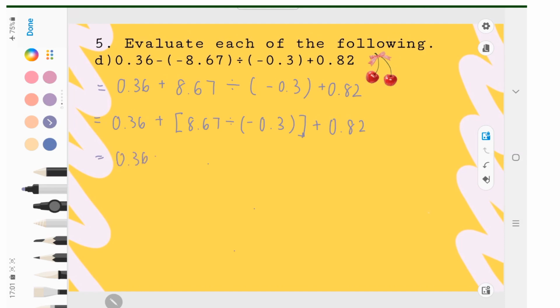So 0.36 plus open bracket negative 28.9 close bracket plus 0.82. Positive and negative symbols meet together, it will become negative. So 0.36 minus 28.9 plus 0.82, and the answer will be negative 27.72.